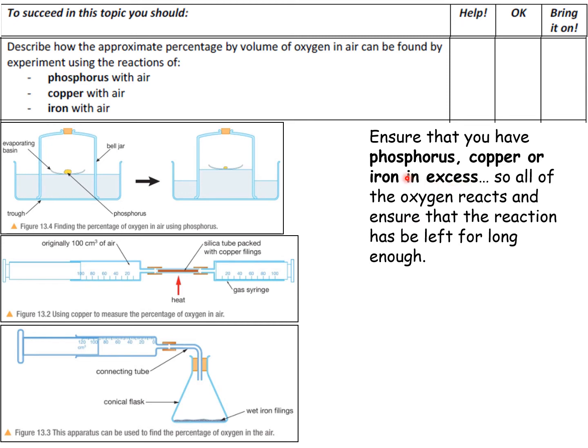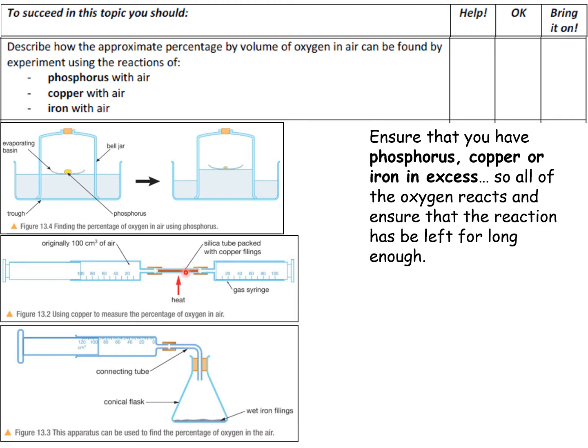There are two things. You need to ensure that there's enough of the substance, or it's in excess, and you need to also ensure that you leave the reaction going for long enough so that as much of it reacts as possible. So with phosphorus, this reaction will stop on its own accord. With copper, you have to keep putting the syringe in and out and drawing the oxygen over the copper to ensure that all of the oxygen reacts.